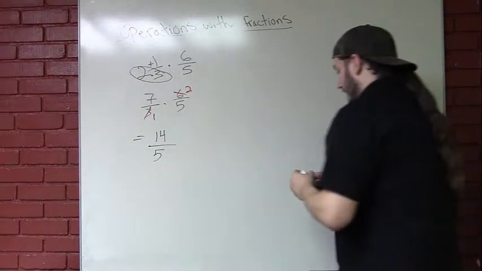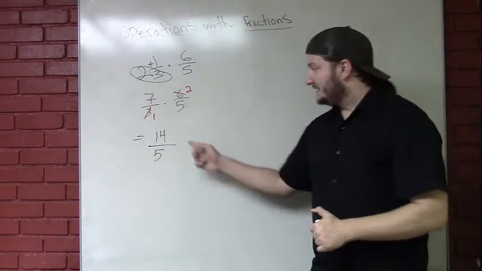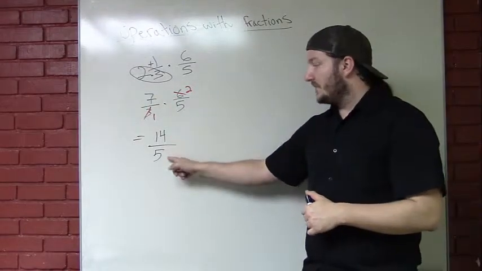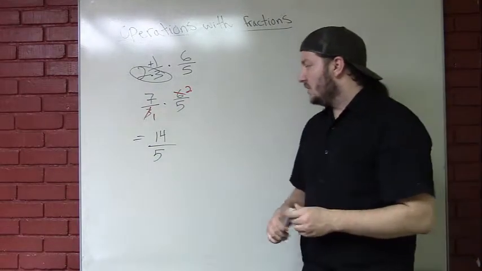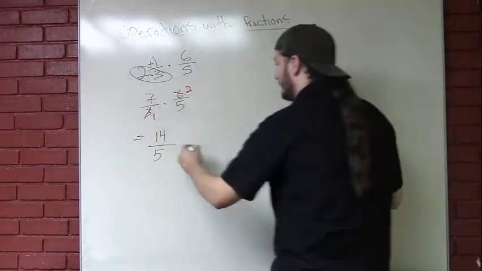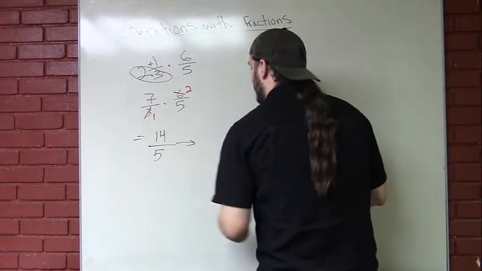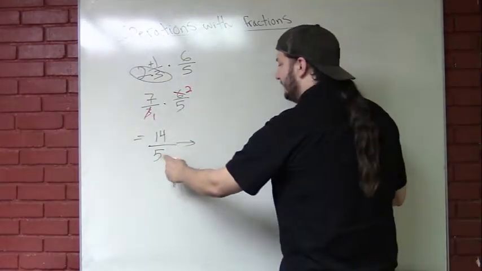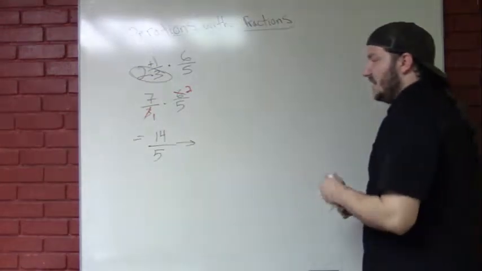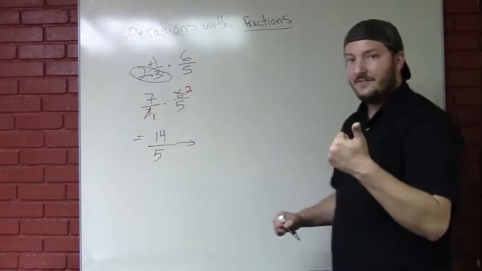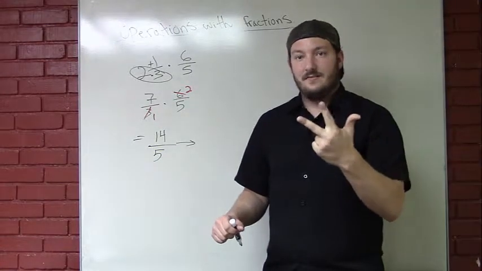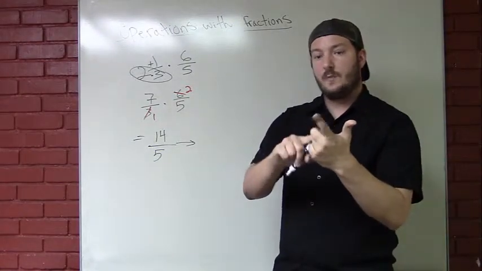Now, this is an improper fraction because the top number is bigger than the bottom number. So we don't typically want to leave it like that. So if you recall from the last video, you can change this by saying, how many times does 5 go into 14? You know, how many times can you take a 5 out of 14? Well, 5, 10, 15. 15 is too much, so you go back 1.